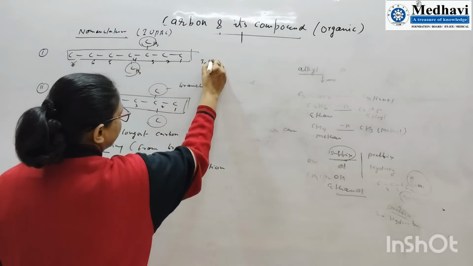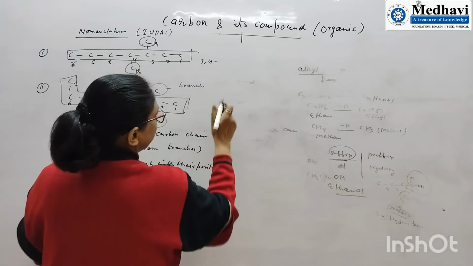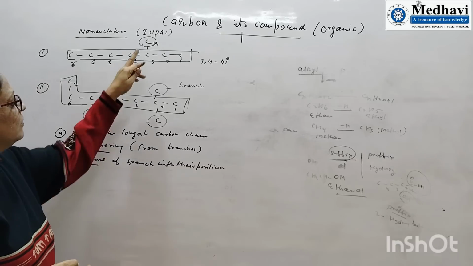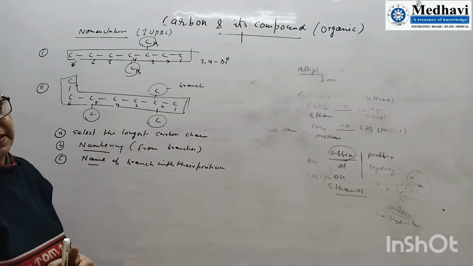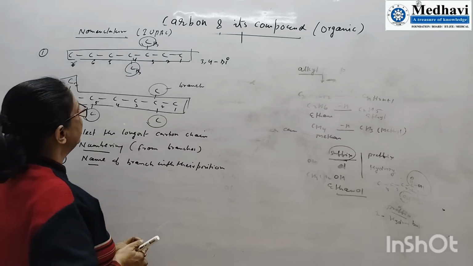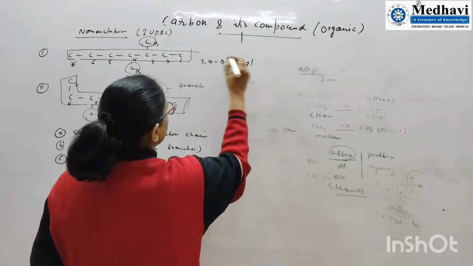First we write the numbers 3, 4, their positions, and two same groups are there. For the same group we use di. If different groups are there, we write them separately. But if the same groups are there, we can take them together and use the word di. So here di is methyl: dimethyl heptane.